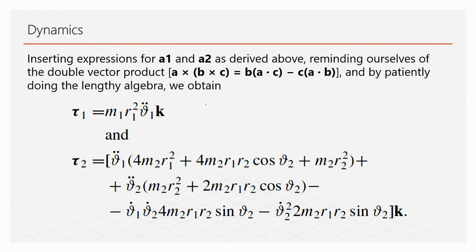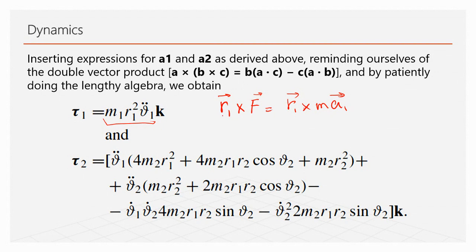For this one it was r1 times f, which was r1 times m a1 vector. And to simplify that, when we have a couple of vectors multiplied together, we use some mathematical manipulation. The important thing for us is just to understand that torque 1 is related to r1, theta 1, and m1.